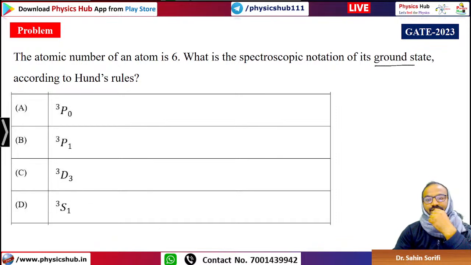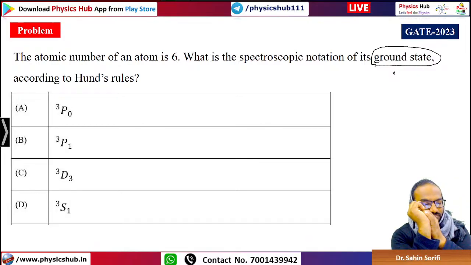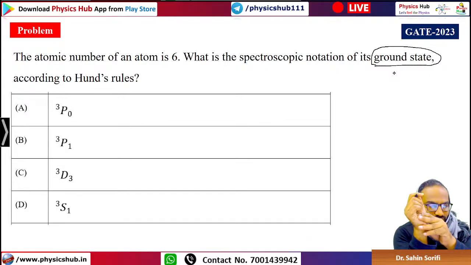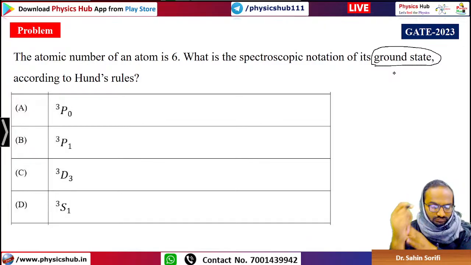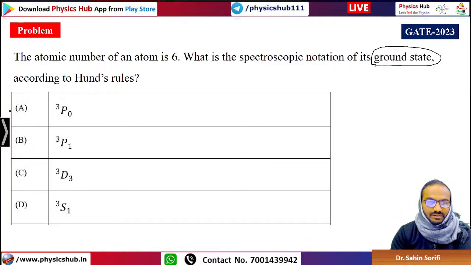Ground state, the lowest one. You have seen just now the carbon atom, option A, yes, 3P0.